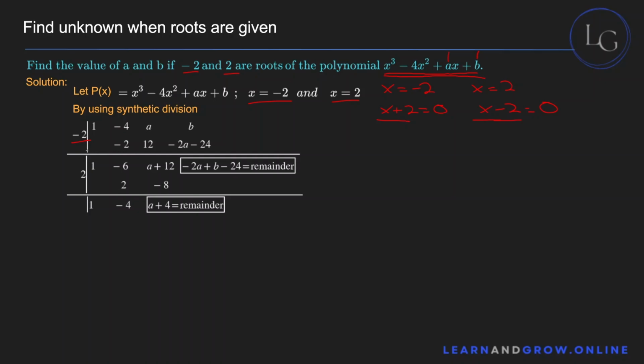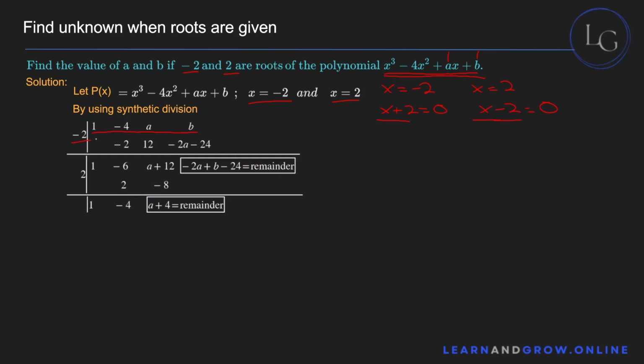So we have this minus 2, we'll write it down over here, and then you'll write down these four terms. These four terms are the coefficients of this cubic expression. 1 is the coefficient of x cubed, minus 4 is the coefficient of x squared, a is the coefficient of x, and b is the last constant.